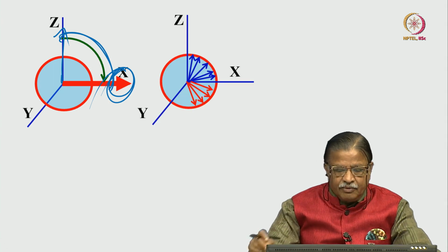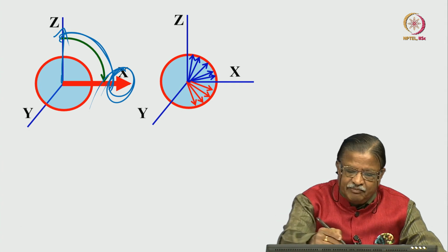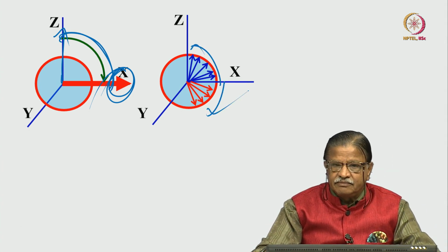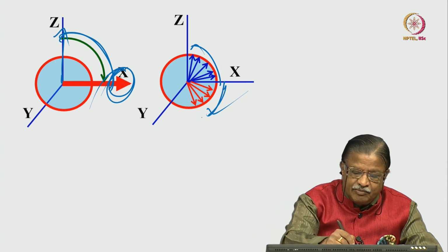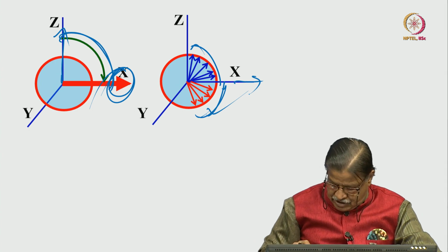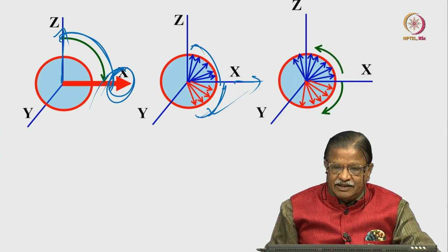Now, with time, there is a decoherence. Some are fast moving vectors, some are slow moving vectors, they start moving. Some move this side, some move this side with respect to the x-axis. Continue for a longer time, they keep on dephasing like this.